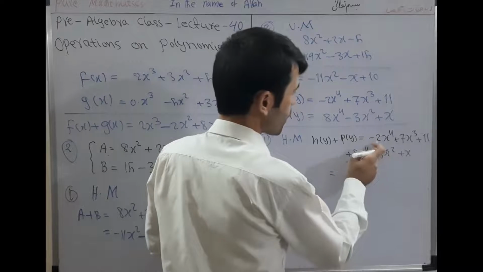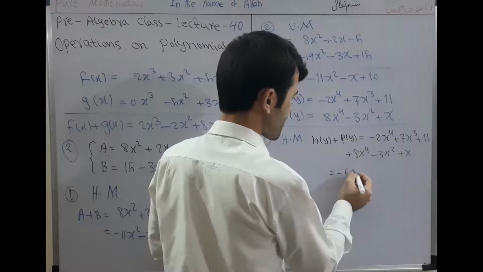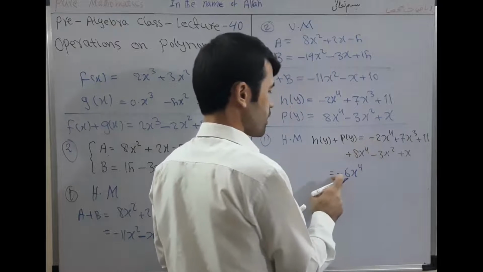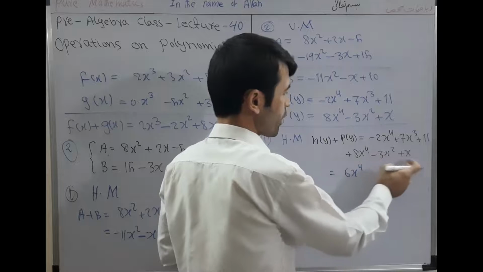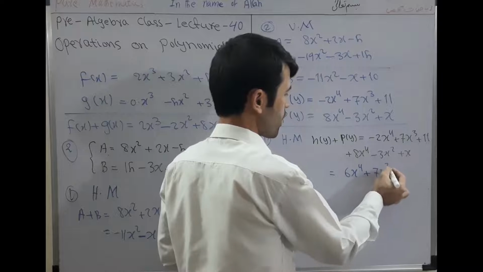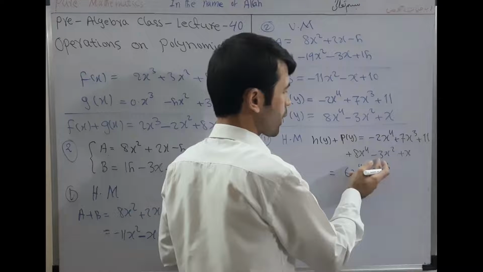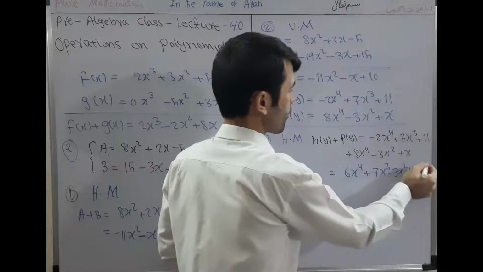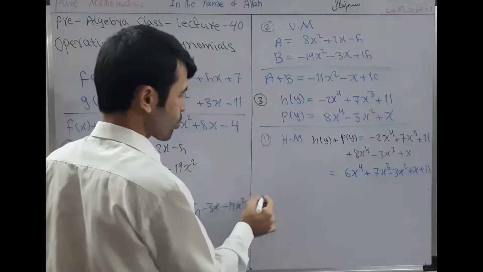It is equal to minus 2x to the power 4 plus 8x to the power 4, from 8 we subtract 2, we get 6, it is plus 6x to the power 4. 7x cube we have, here we don't have another x cube, so we can write it itself, plus 7x cube. Here we have minus 3x square plus x plus 11. It is the result of adding these two polynomials.